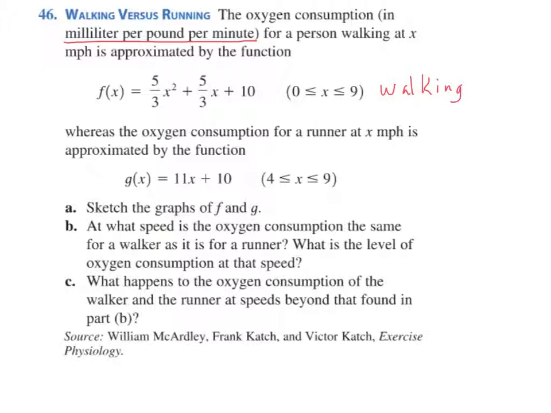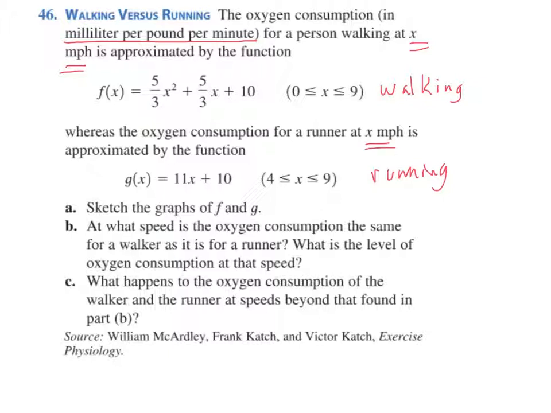And the function for walking at particular speeds, x miles per hour, is estimated by this quadratic, 5/3 x squared plus 5/3 x plus 10. Now for a runner, that function is a linear function. Again, x is measured in miles per hour.